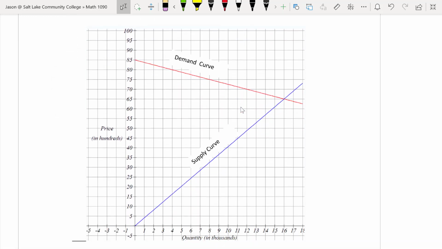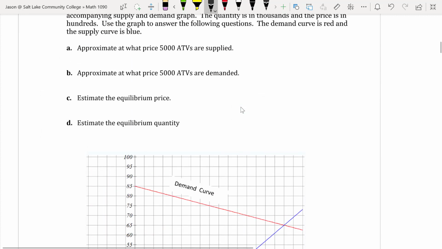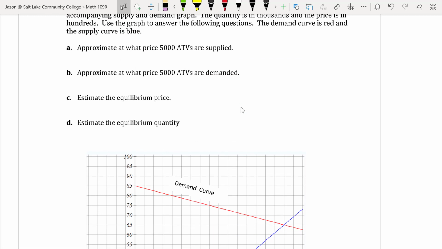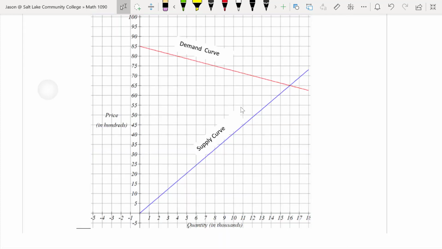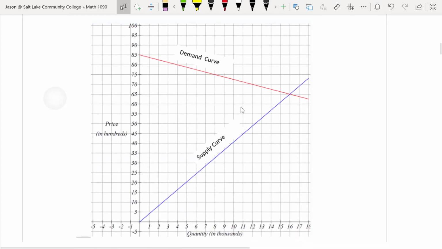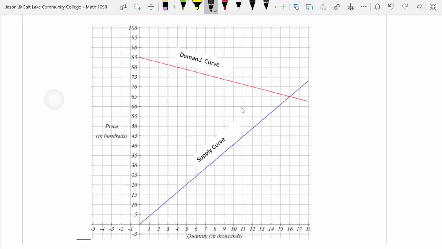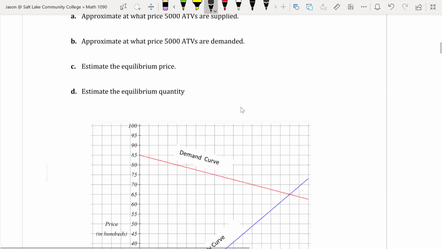Okay, so we want to use the blue curve, that's the supply curve. And we know the quantity, 5,000, we want to figure out the price. So let's see. When we supply 5,000 ATVs, it's at a price of $2,000.